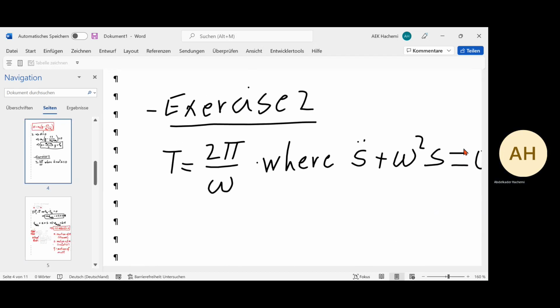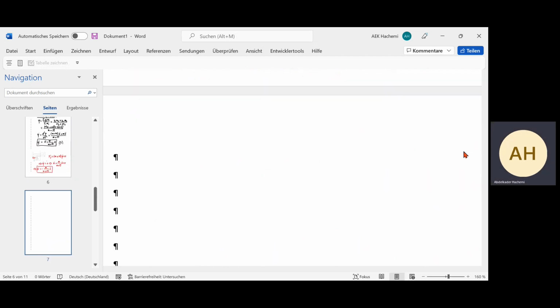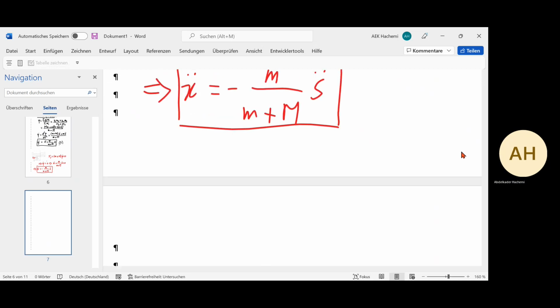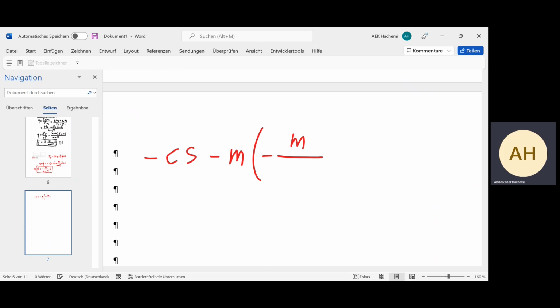Then if we replace now in this formula for the absolute acceleration, we get minus c s minus m divided by small letter m plus capital letter M s dot dot plus s dot dot, which will be equal to 0.